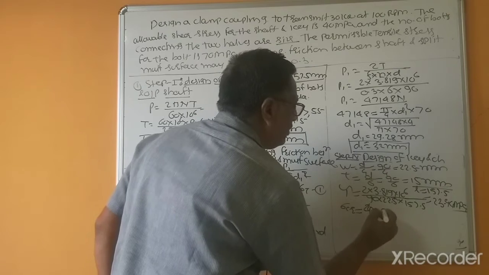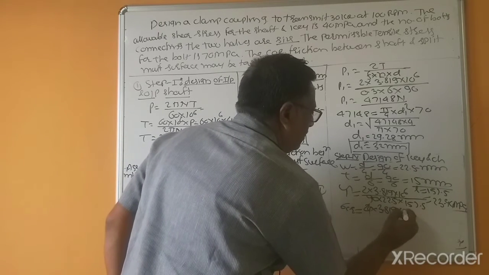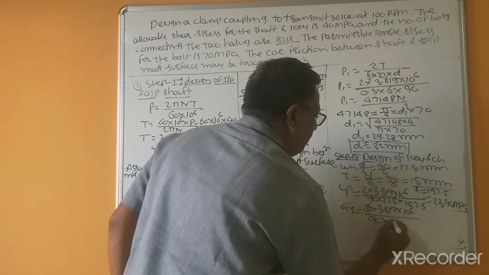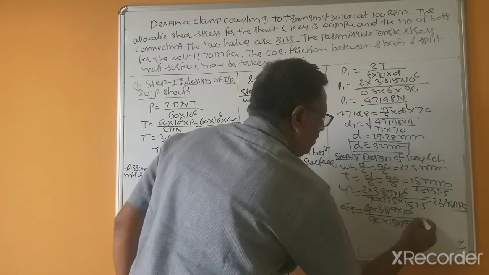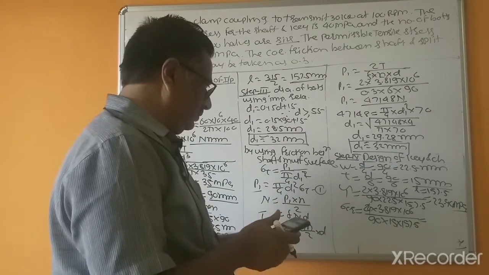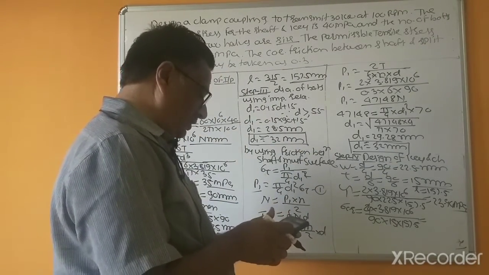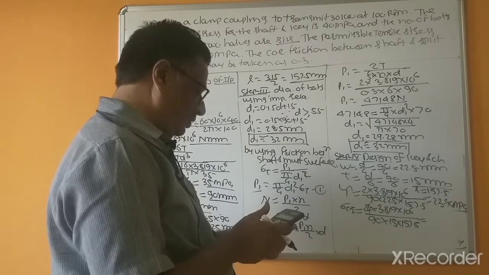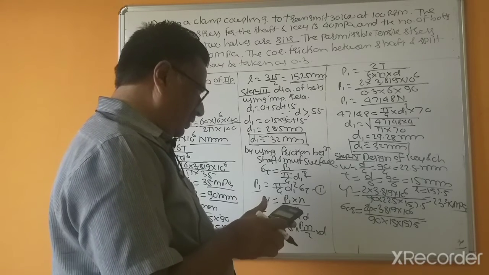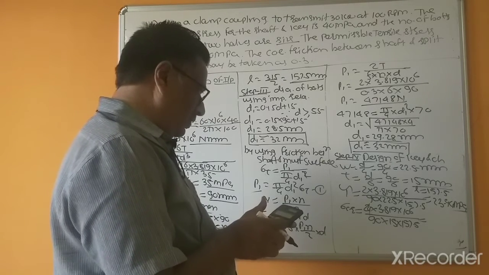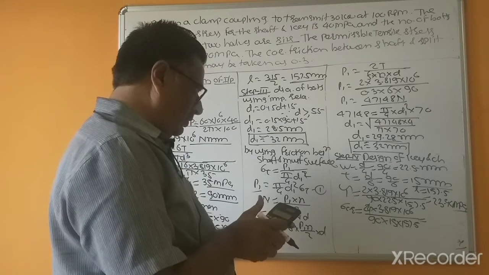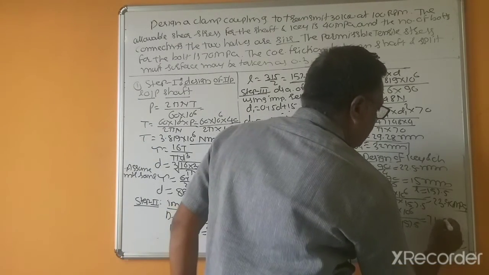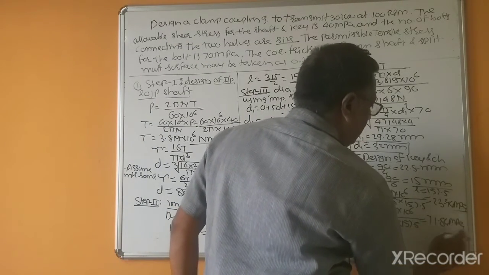And for crushing, 3.819 into 10 to the power 6 multiplied by 4 divided by 90 divided by 15 divided by 157.5, and this is equal to 71.84 megapascals.